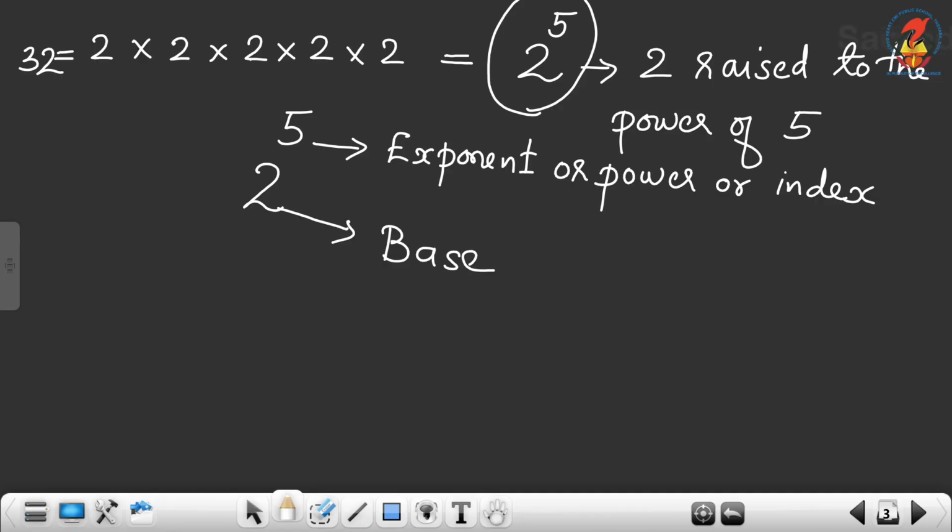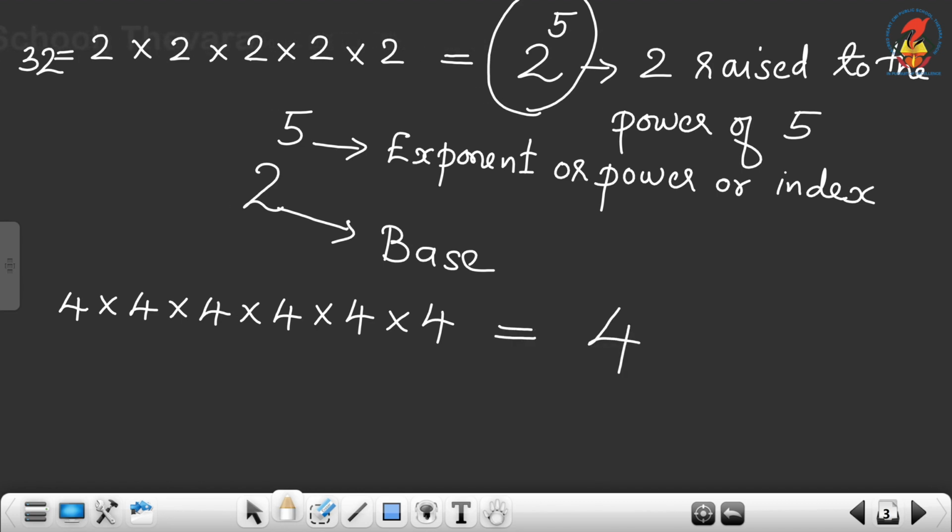Now we can consider another example. The number 4 is multiplied by itself 6 times: 4 into 4 into 4 into 4 into 4 into 4. So first you write 4, and it is multiplied by itself 6 times, so on the right hand side up you write 6.